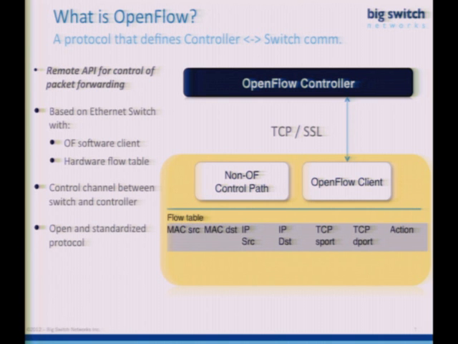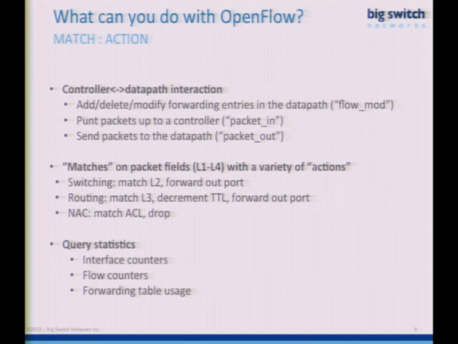OpenFlow basically implements an encrypted channel using TCP and SSL from the controller to a switch, and on the switch runs a software agent that implements basically a table that enables you to do a match and then take an action based on that match.